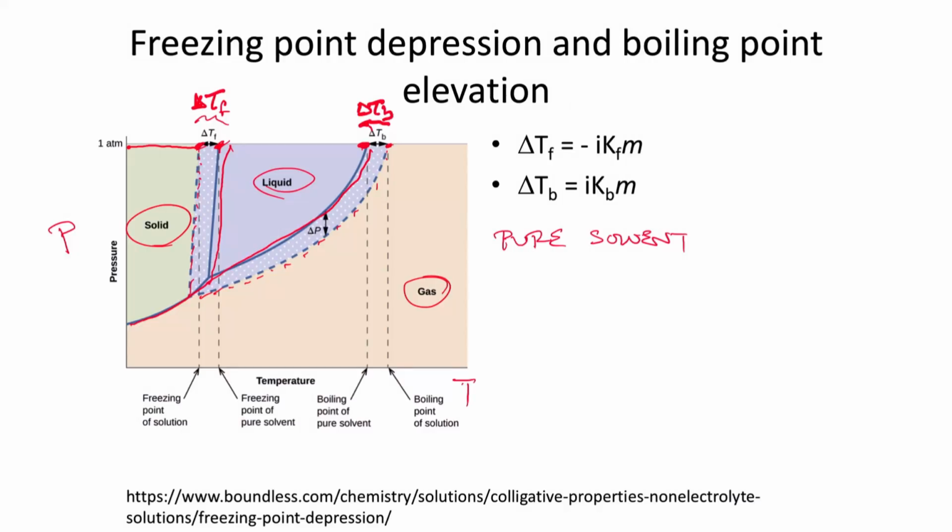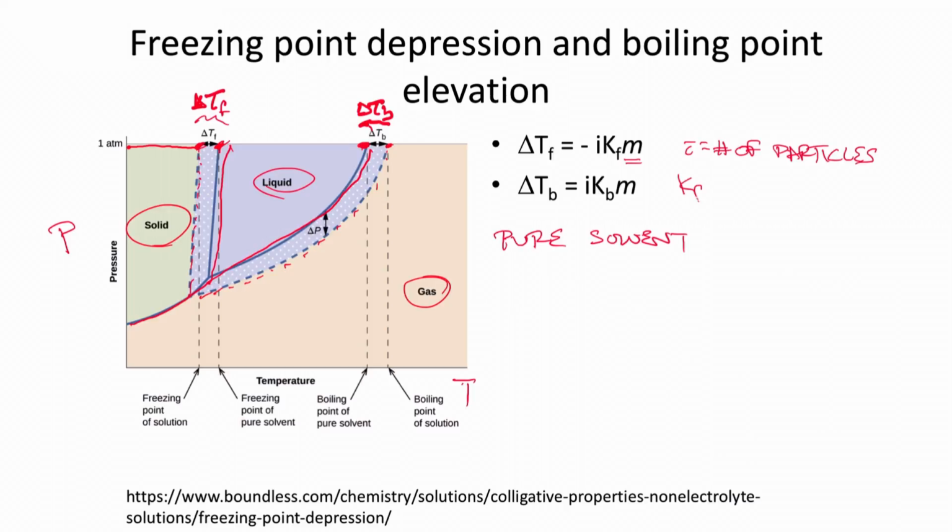There are formulas that say the change in the freezing point is directly proportional to the molality of the solution: delta TF equals minus i times KF times the molality. Here i is related to the Van 't Hoff factor, which is just a fancy way to say how many particles you have in the solution.